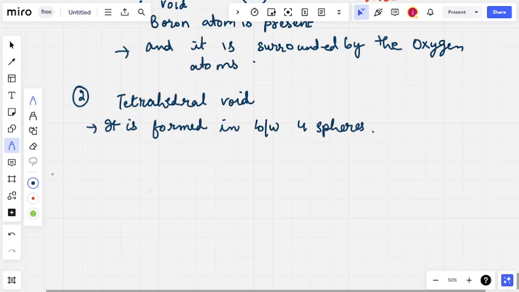It is not tetrahedral in shape, but it appears that the four spheres are present at the four corners of a regular tetrahedron. Let us first draw and then you will understand.